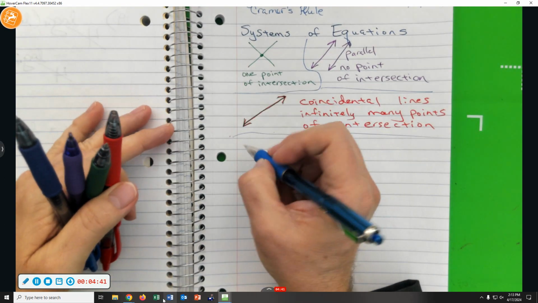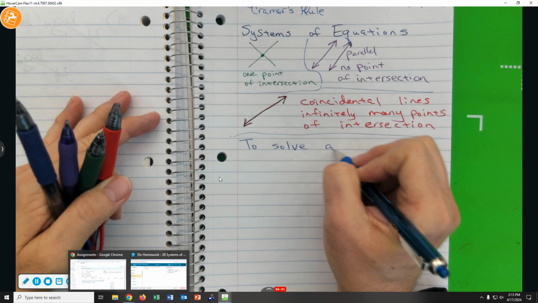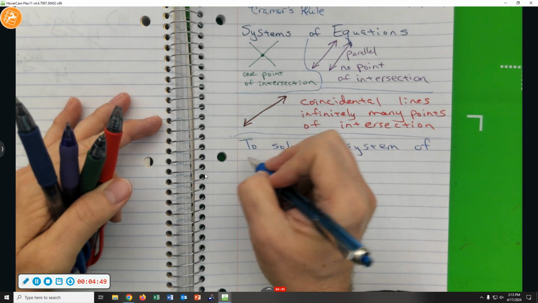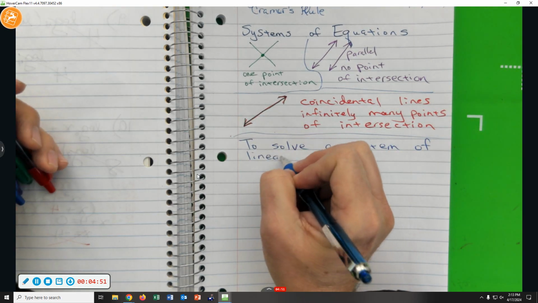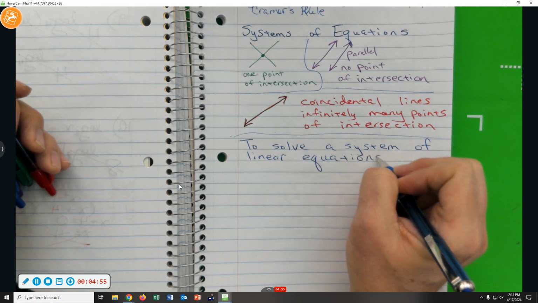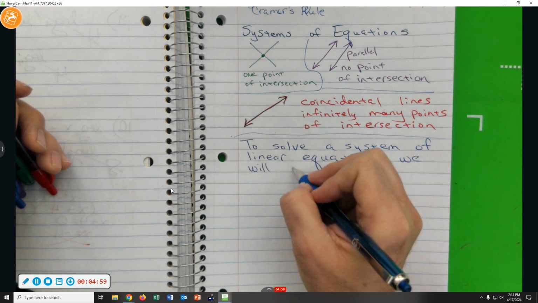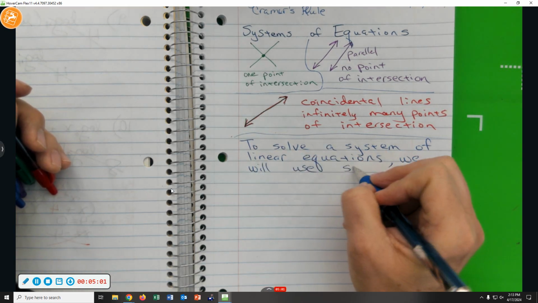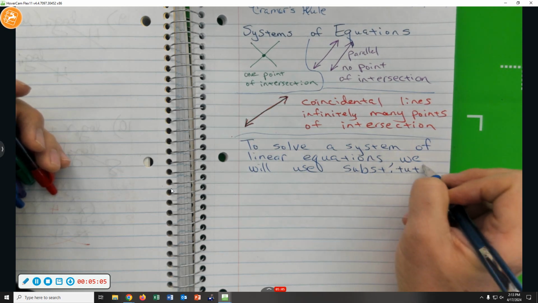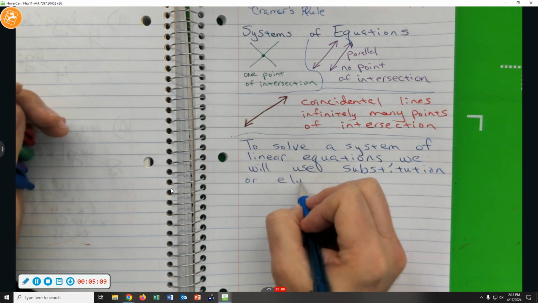So to solve a system of linear equations, we will use substitution or elimination.